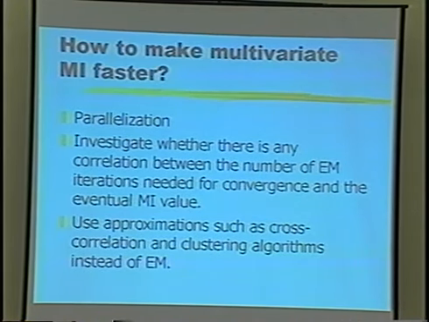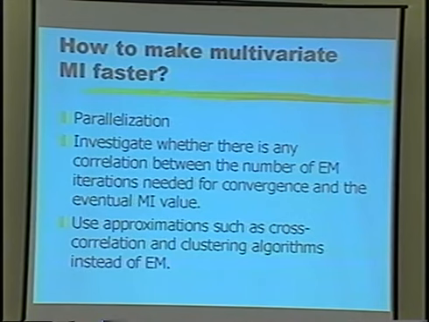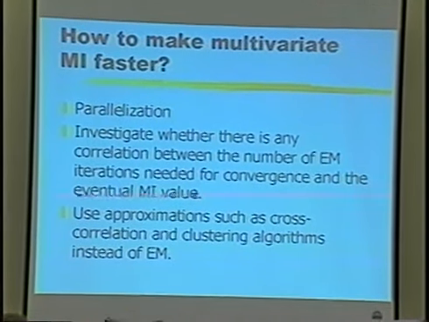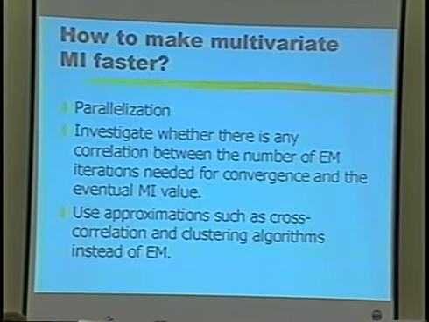But since the speed is really an issue, we might resort to some approximations, like using cross-correlation instead of multivariate mutual information, or clustering algorithms. Another thing that I would like to investigate is finding whether there is any correlation at all between the number of EM iterations that are needed for convergence and the eventual MI value that's computed.